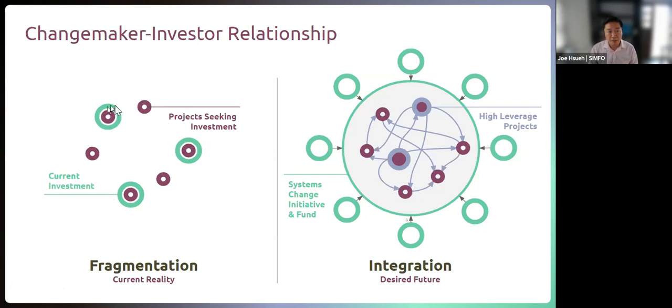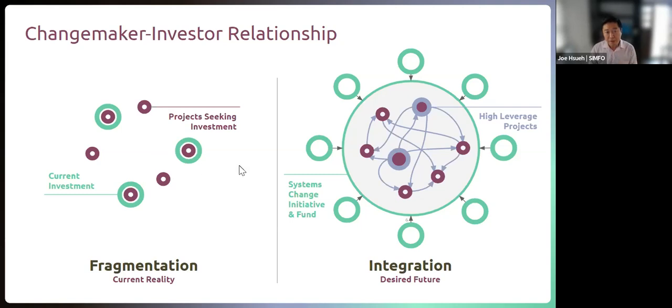The green dots are various investments, where investors have chosen certain projects. Projects are working hard in their own way, and investors are looking for those projects to invest in. The problem with this picture is that it is done at the project level, one by one, and in a silo, one-on-one way.